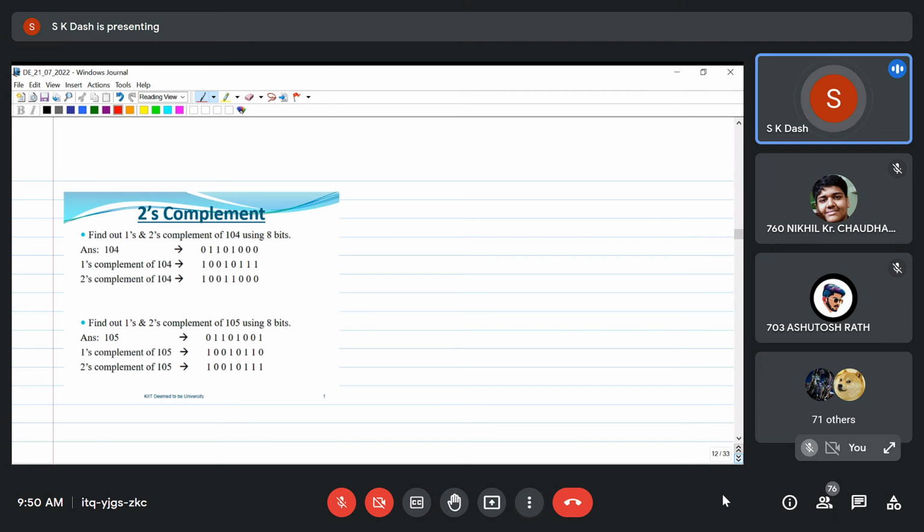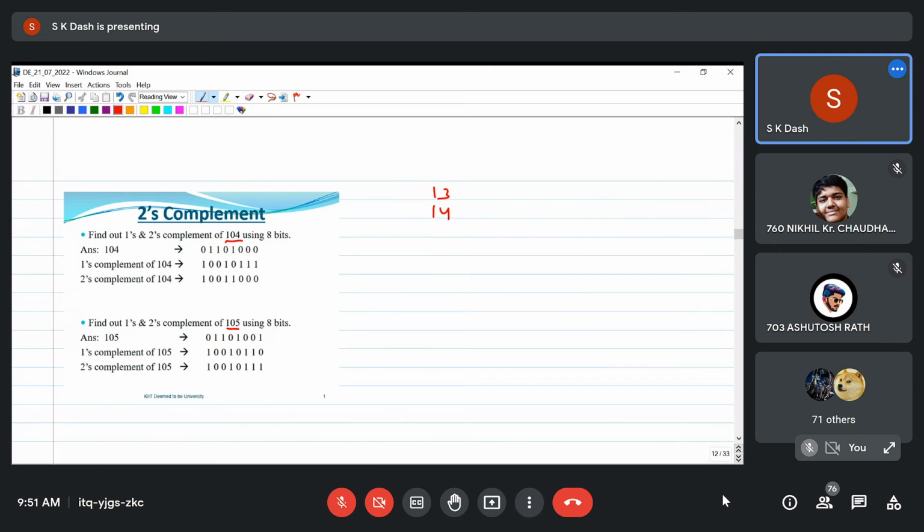To understand that, we'll go for two examples. Or let us take smaller ones. Suppose one is 13 and one is 14. Suppose you use the minimum number of bits. How many bits will be required? Four bits will be required.